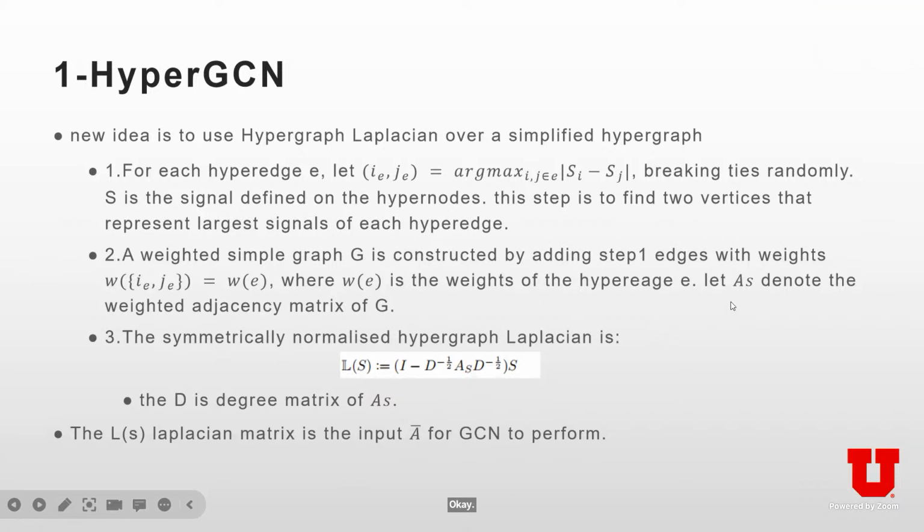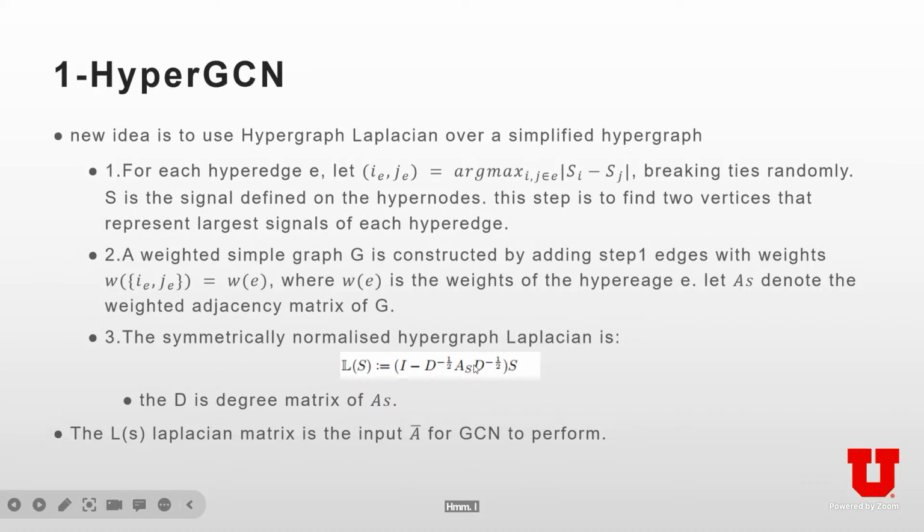And AS is the weighted adjacency matrix of G, and the hypergraph Laplacian is this function. It's just about how to compute the Laplacian, the same function. What does the S mean?